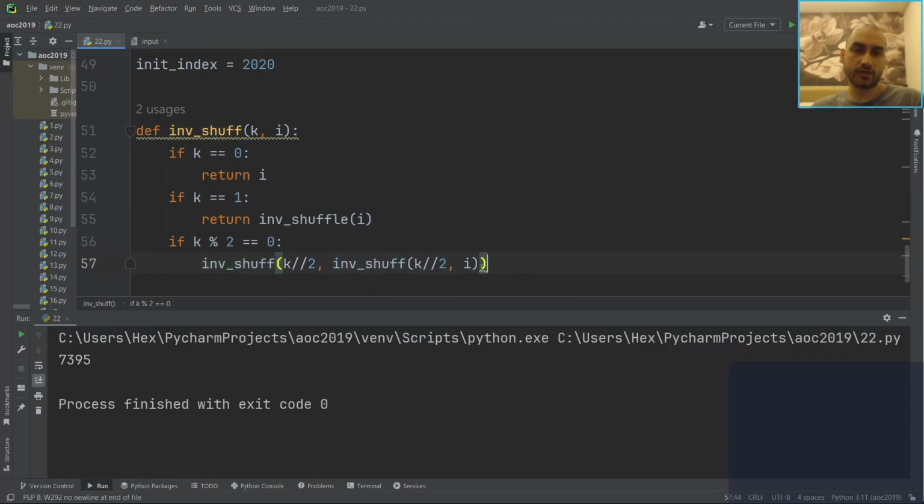But that's not efficient because we're doing... I think we want to memorize this.